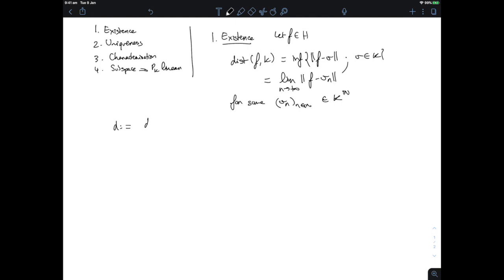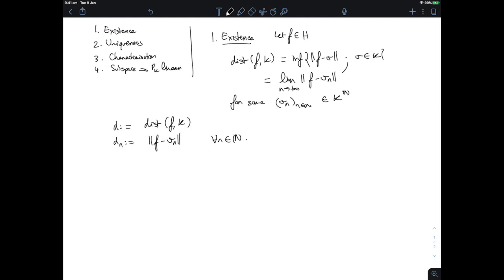Let's call d the distance between f and K, and let's call dn the norm of f minus vn for all n. Right, so what am I trying to prove? I'm going to try and show that vn is a Cauchy sequence. If it's a Cauchy sequence, because I'm in a Hilbert space, it's going to be convergent, and because K is a closed subset, the limit of the vn is going to be in K, and that's going to be exactly the projection I'm looking for.